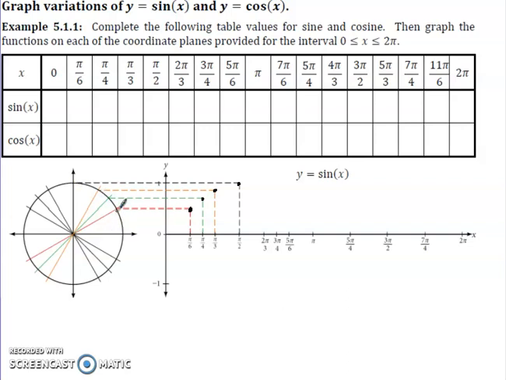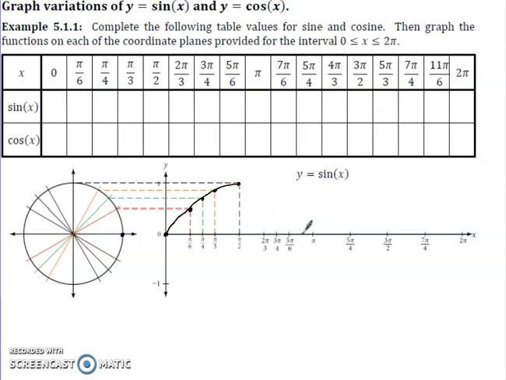So we are just looking around the degrees on my unit circle, finding the y value of that point, and then placing that point at the coordinate that has an input of that angle. So starting at (0, 0), because at 0 radians or 0 degrees, my y value is 0. Starting at the origin, my graph increases in a curve.